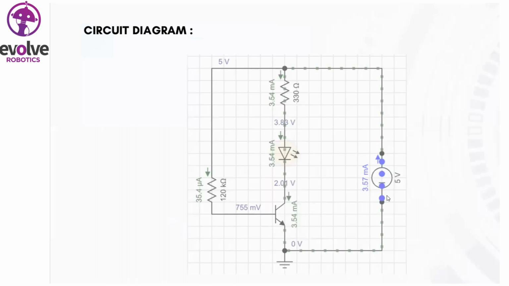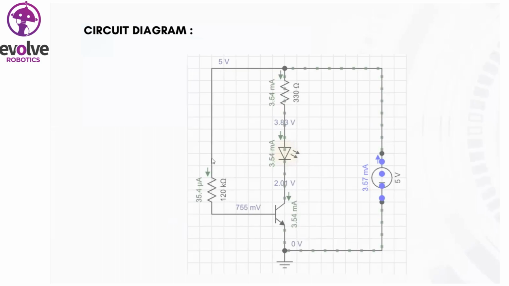If we connect the base to a power source, a small current flows through the base. At that time, the transistor becomes on and a current flow starts. So our LED will turn on.